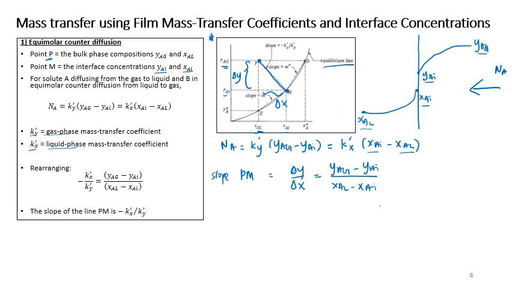So when you rearrange this equation, you would get KY over minus KX.